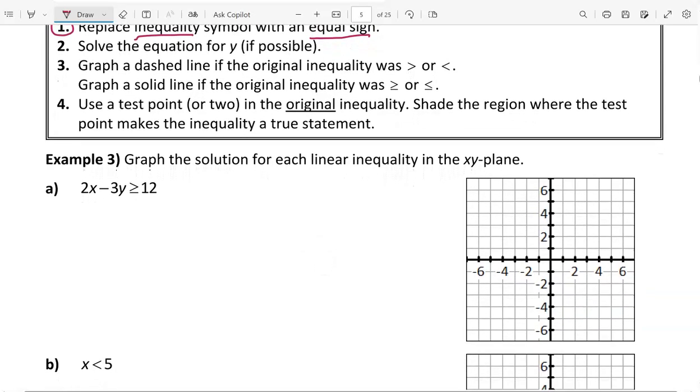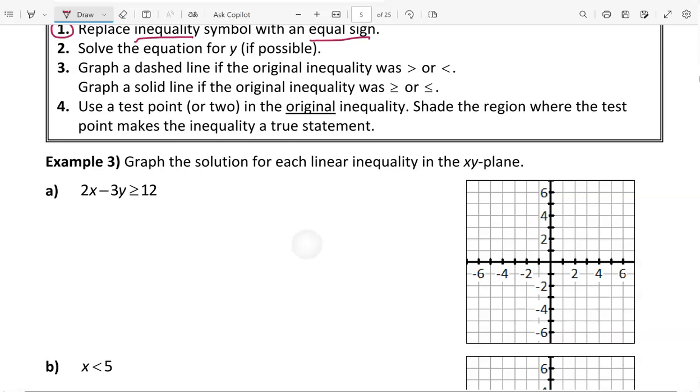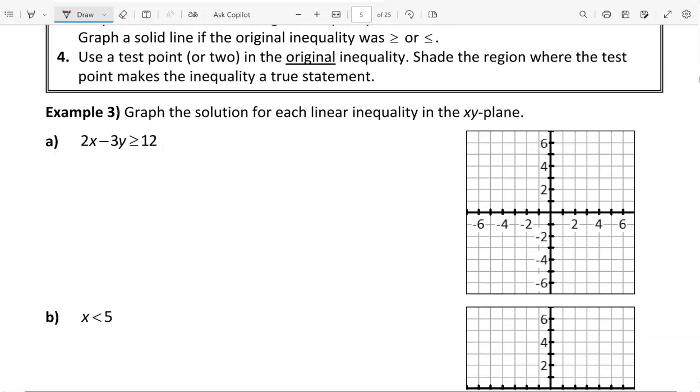And then we can use test points to determine which side of the line to shade. So, for instance, I'm going to take this inequality, 2x minus 3y is greater than or equal to 12, and I'm going to change it to equal so that we can graph the line.